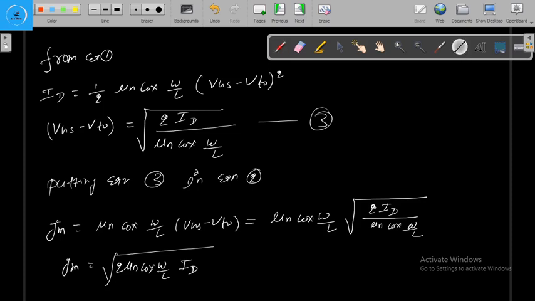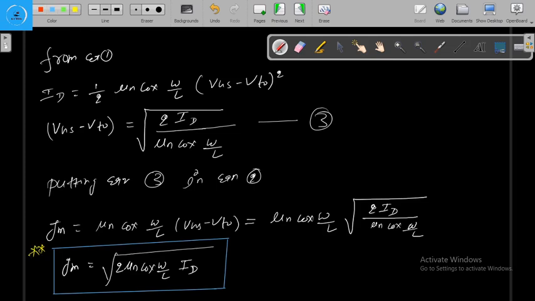This is the new formula for the transconductance in the saturation region. Please remember this formula because it is really very important. So the transconductance in the saturation region is the root of 2 mu_n C_ox W/L times ID.